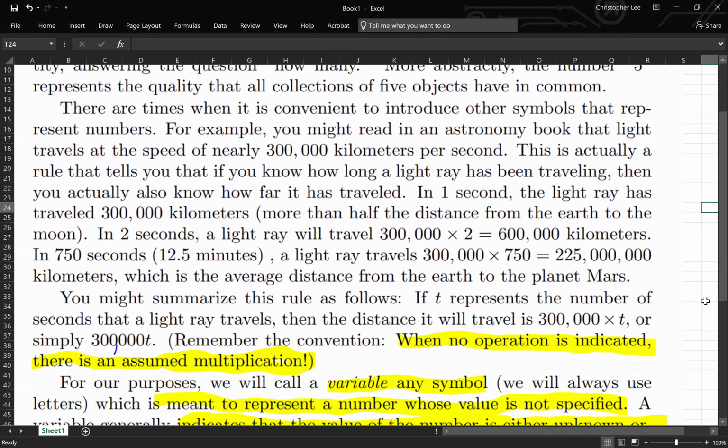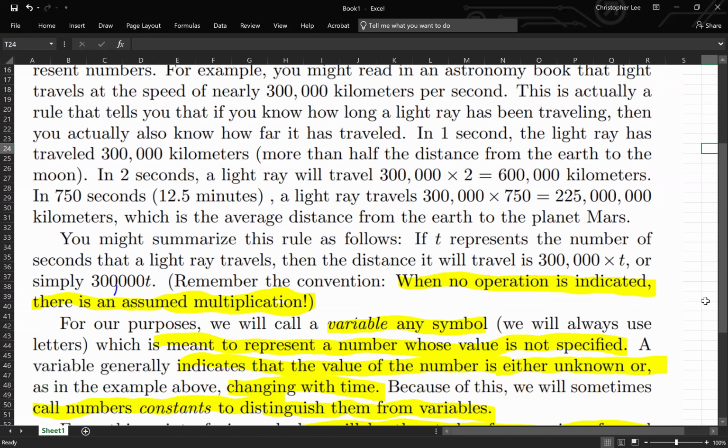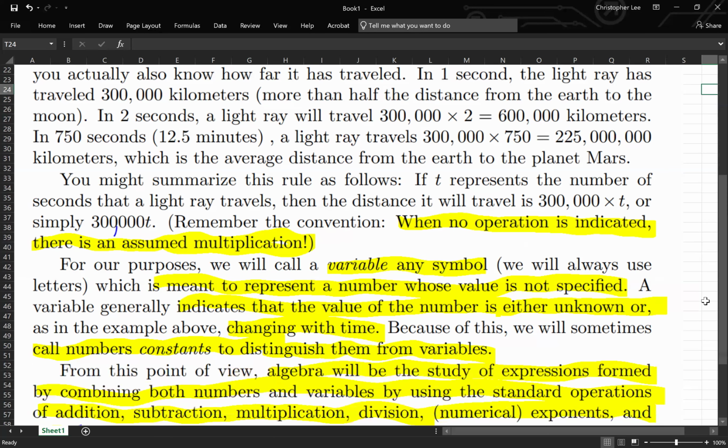If t represents the number of seconds that a light ray travels, then the distance it will travel is 300,000 times t, or simply 300,000t, right? Remember the convention. When no operation is indicated, there is an assumed multiplication, right? So if you have two variables next to each other, it's assumed that they're going to be multiplied by one another, right? For our purpose, we will call a variable any symbol.